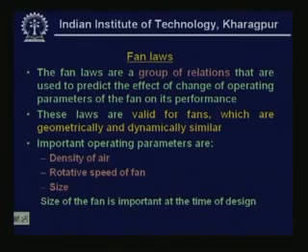So, at the time of operation we are mainly concerned with density of air and rotative speed of fan. So, we would like to know for a given fan how the variation in density affects the fan performance and how the variation in fan speed affects the fan performance. So, the fan laws that I am going to present are related to these two operating parameters, that is density and the rotative speed of the fan.